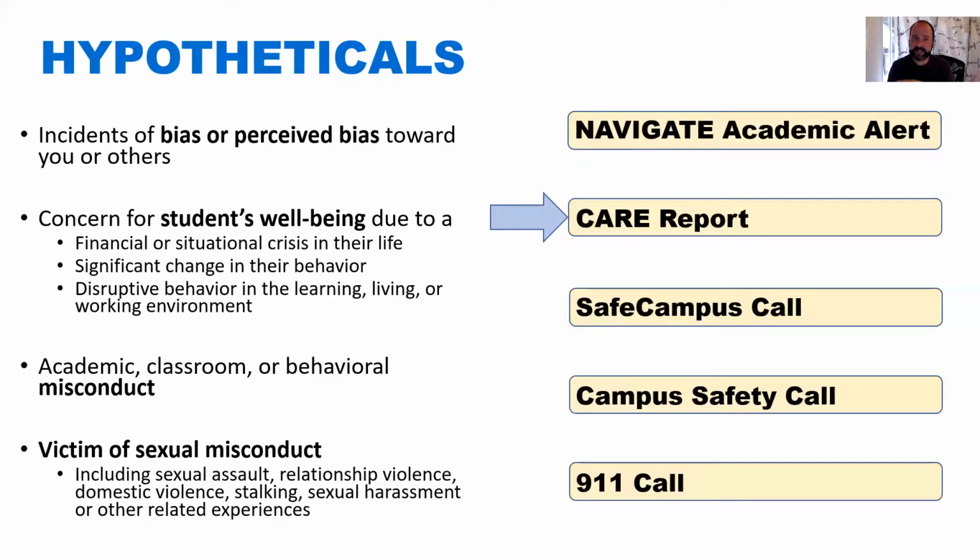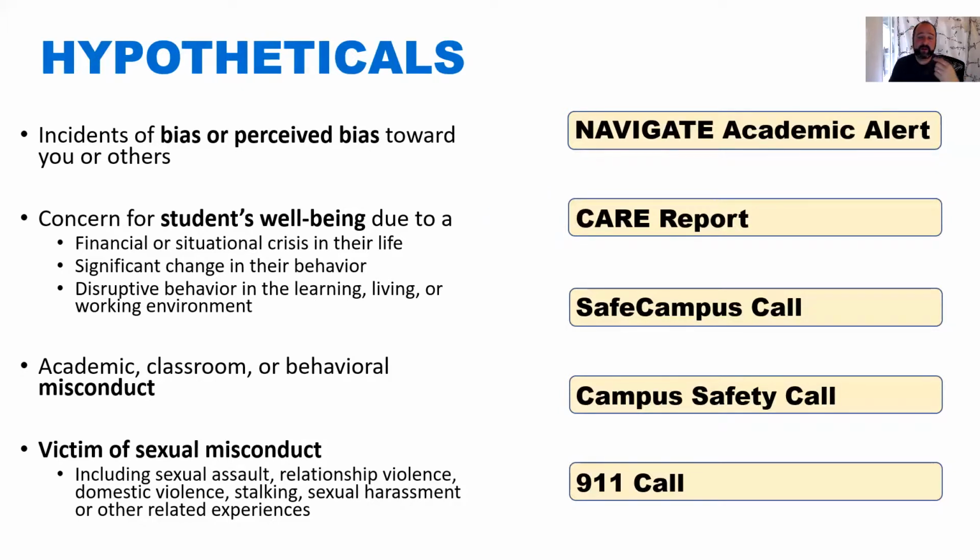So there might be financial or situational crisis in the student's life, or you might notice changes in their behavior or disruptive behavior in the classroom. Those might affect academics. We're calling the care team because it's at a level where you think that student just honestly needs some help, right?